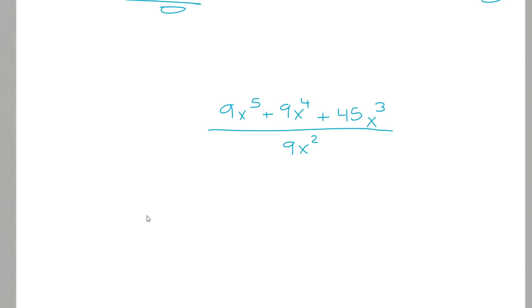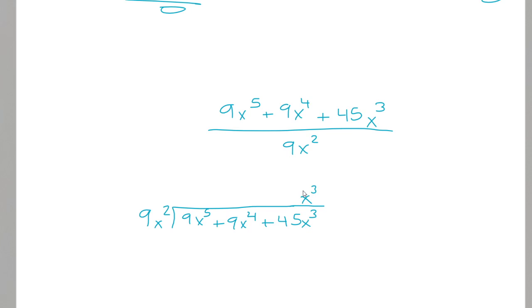Okay, so if you were to set this up, now that you finished this, you should have done 9x squared, and then you have 9x to the fifth plus 9x to the fourth plus 45x to the third. So what do I need to multiply x squared by to match x to the fifth? That's going to be x to the third.